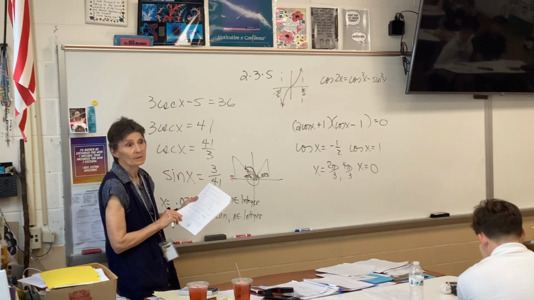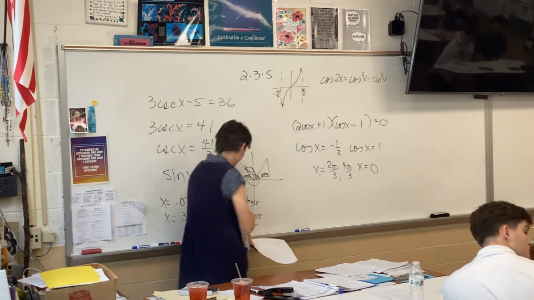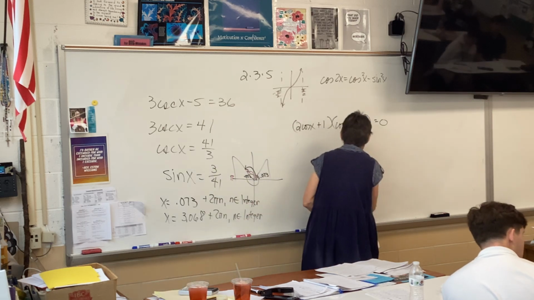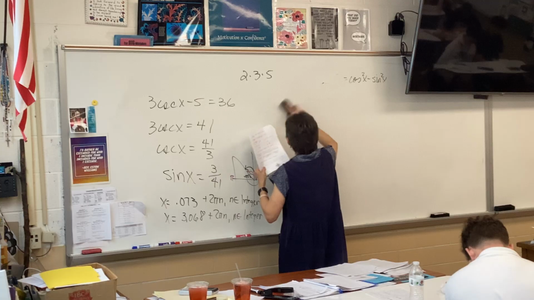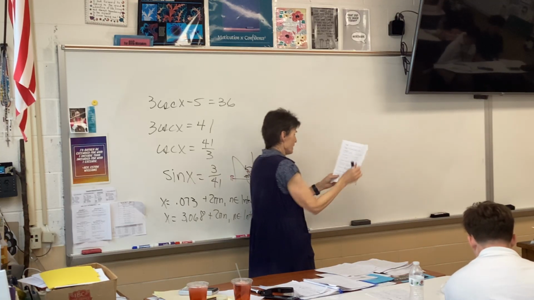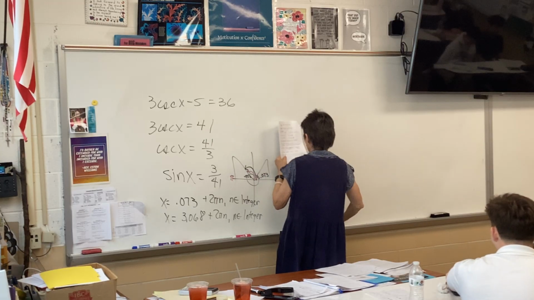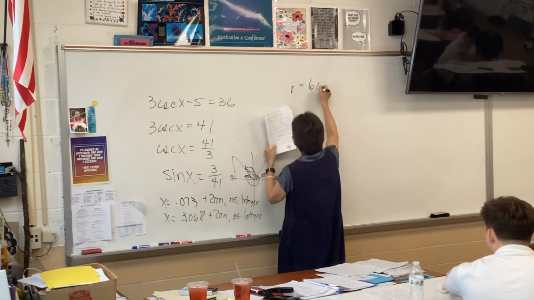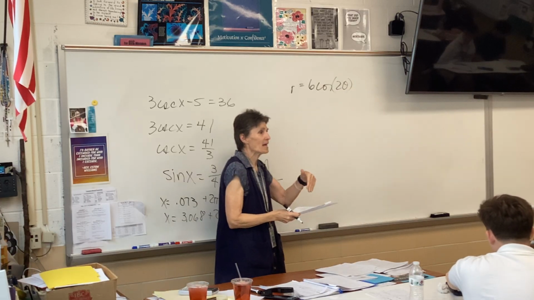Yep, 16. 16 is one of these graphs. He has graphed it for us, which is nice. And our equation is 6 cosine 2 theta. So you know enough about that, even if he hadn't graphed it.